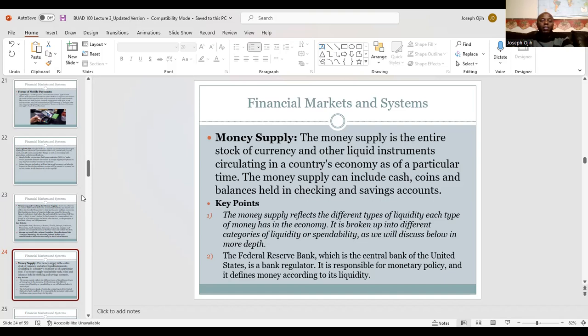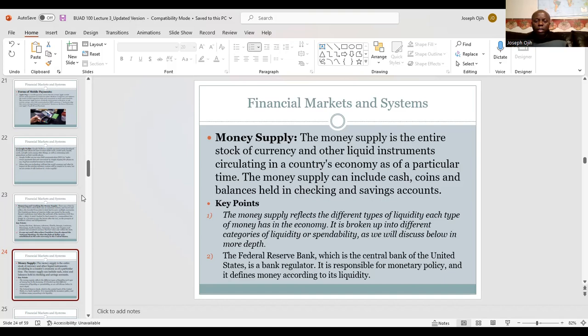So the money supply can include things like cash, coins, and balances held in checking and savings accounts. The money that every person living in the US has in a checking or savings account is part of the money supply.